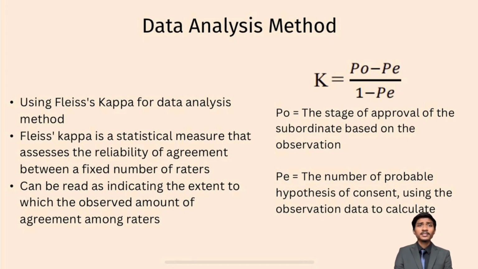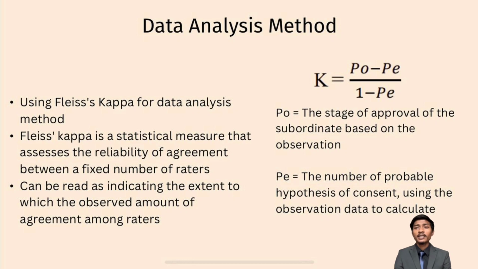The Fleiss kappa statistic is valid for any number of raters who assign categorical ratings to a predetermined number of items, under the condition that raters are chosen at random for each item in the research. It can be read as indicating the extent to which the observed amount of agreement among raters exceeds what would be expected if all raters made the ratings completely at random.